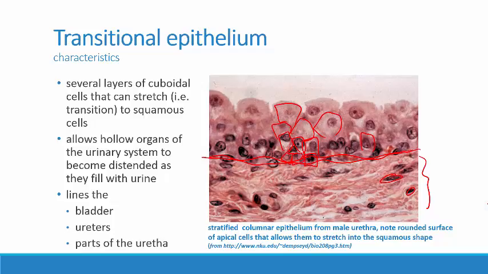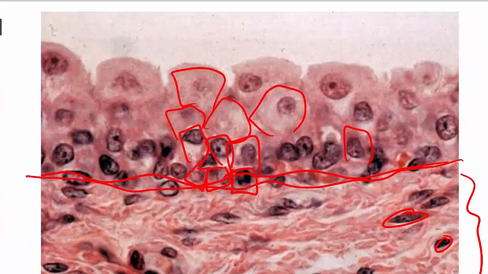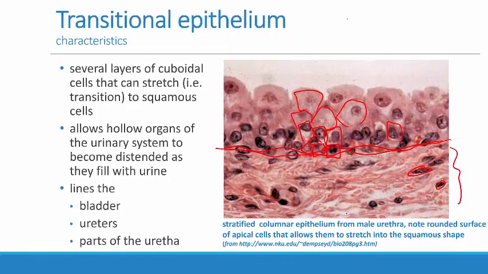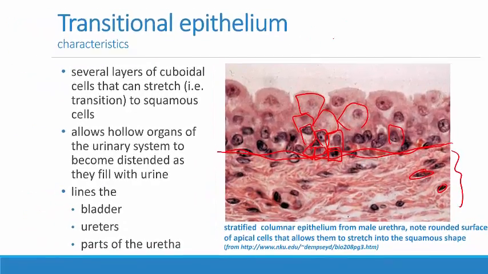So they have a cuboidal shape when they're relaxed, but when the hollow organ that they're lining is stretched, perhaps because it's filled with urine, and that's really the only place that we find transitional epithelia, in the urinary bladder, in the ureters of the urinary system, and even in parts of the urethra. But as they stretch, these cuboidal cells, I'm going to draw.